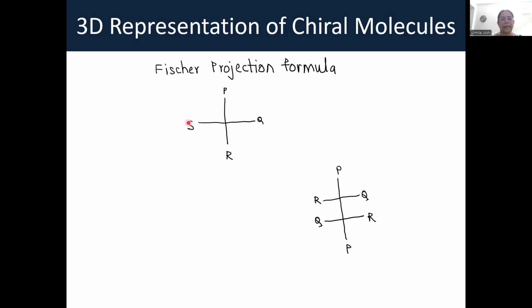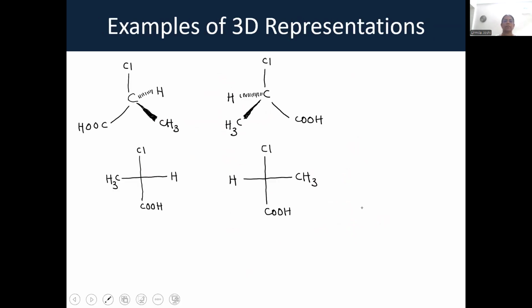So these are indicated by P, Q, R, S. Here, if there are two chiral carbons, the vertical line remains the same. One more horizontal line is added. You will get used to these formulae as you study further.